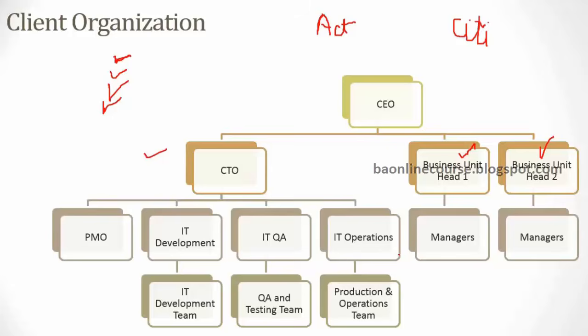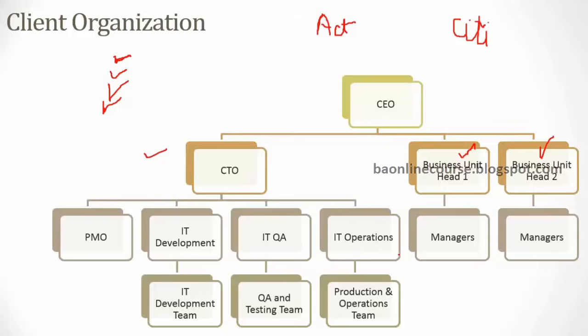Okay, they need to maybe run some batches. Like if you look at a deposit system, you need to update the interest on a daily basis. Okay, so who has to do that? So there would be a program which has to be run. So the operations team would do those activities.